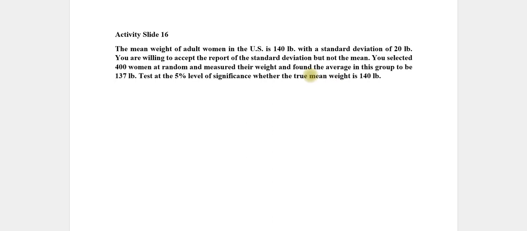To be able to do so, remember the information that you have here. You are given the true mean, you are given the population standard deviation, which is sigma, you are given the sample size 400, which is large, and x bar 137 pounds.